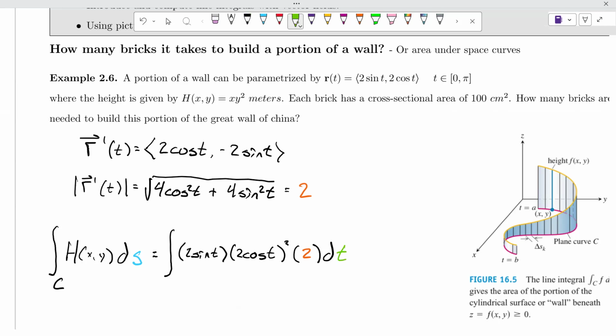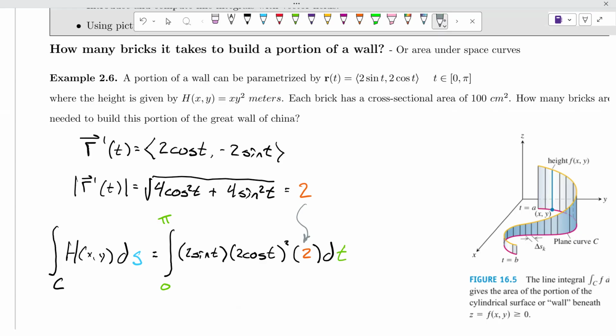And again, I'll keep highlighting that in green for a little bit to emphasize that we're changing our differential. So our variable is switching. Also, I know my bounds for this integral are 0 to pi. And I can just draw a little arrow that says, hey, look, bring this 2 down.